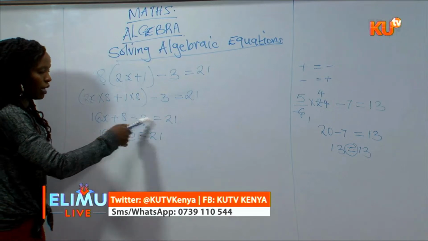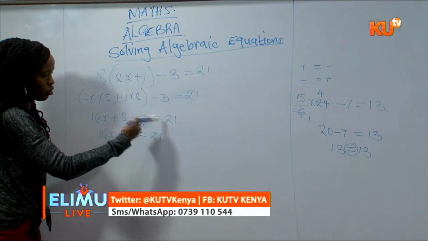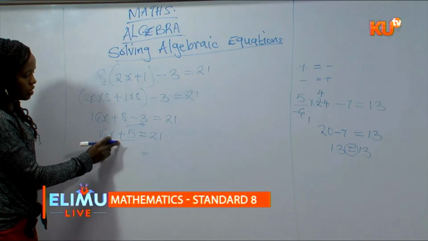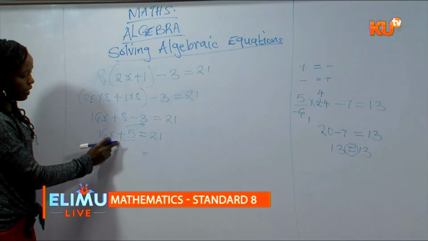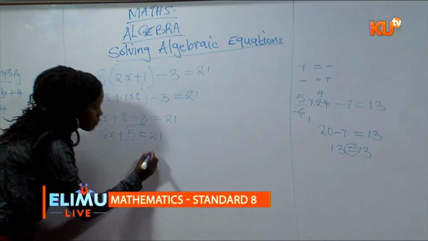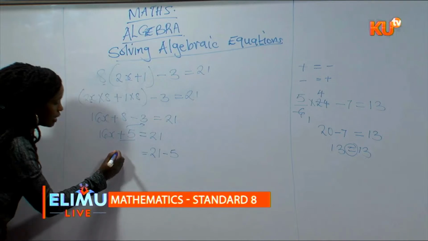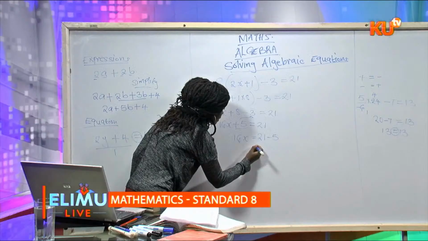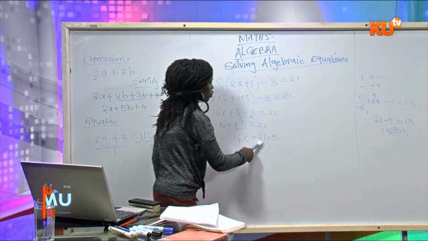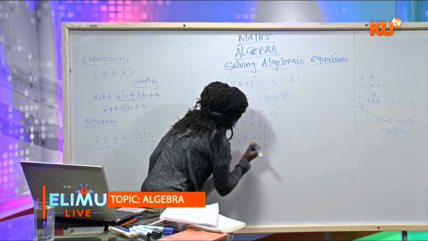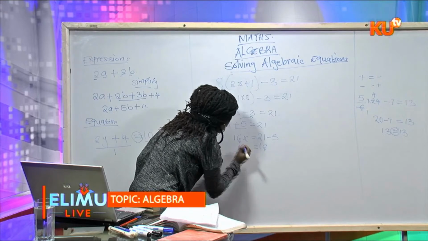When it goes to the other side, we change this sign to the opposite, from positive to negative. So we'll get 21 minus 5. And this side I remain with 16x. So 21 minus 5, I get 16, and this side I have 16x.